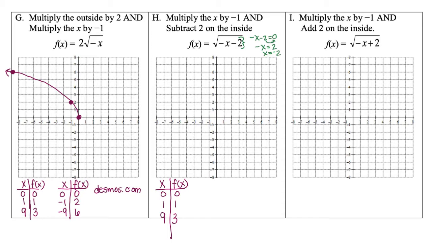So when we do our t-chart, we've got a couple of negatives that we're going to have to deal with, and that's just because this is such a tricky problem. So let's build our t-chart and see what we can do with it. So we have our x and our f of x.